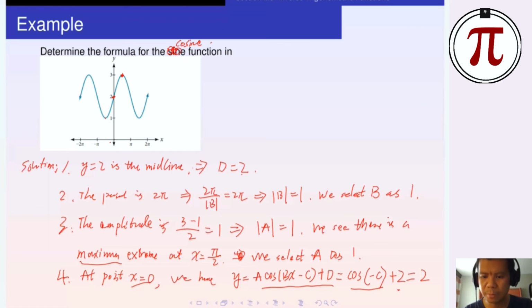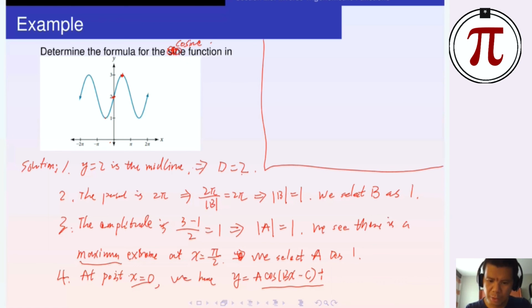Okay, let me just rewrite this one. We have plus d equals... a is what? A is 1, we choose a equals 1. So it's cosine of bx. B is 1, so 1 times 0 minus c, and plus d is 2, equals what?